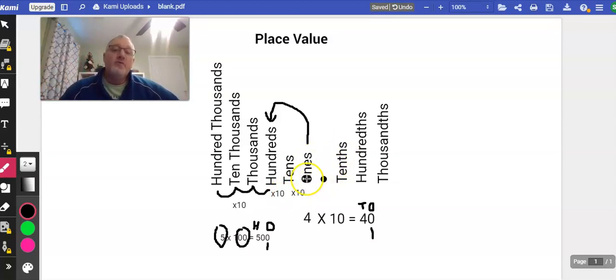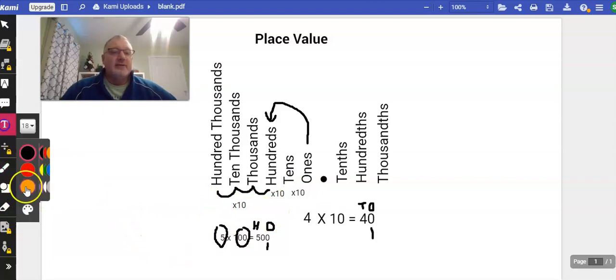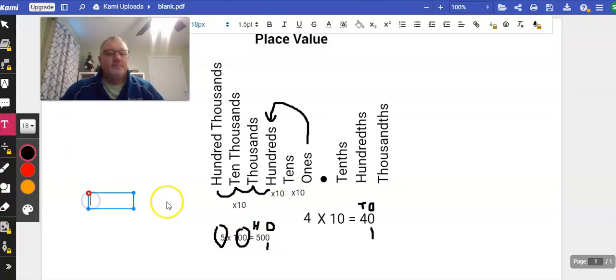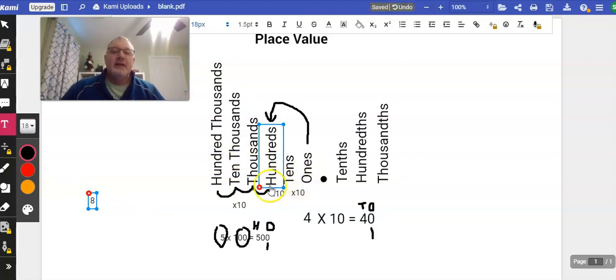Now, if I want to move the ones from the ones place all the way over here to the 100,000s, okay, so let's just say I want to do that. Let's say I've got the number 8, and I want to move that to the 100,000. So I'm going to go 10, 10, 10, 10, 10. So how many zeros is that? Well, from ones to tens is 1, okay?